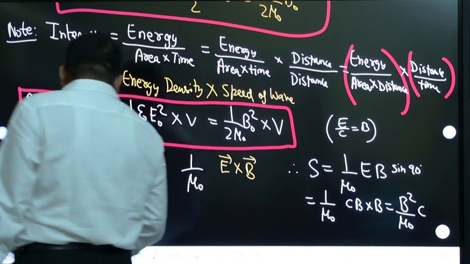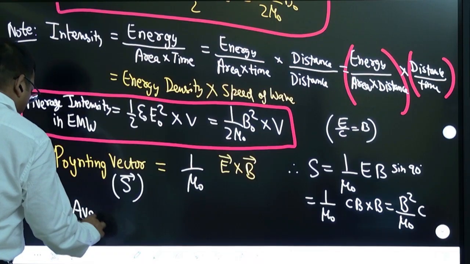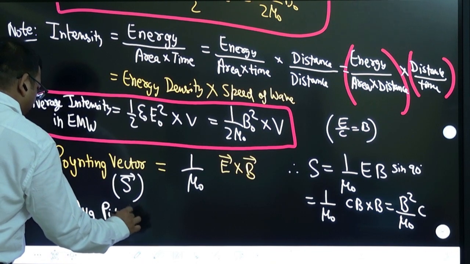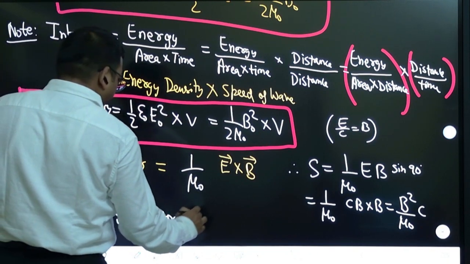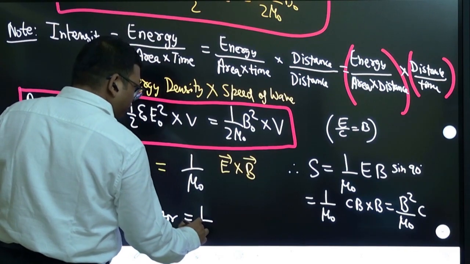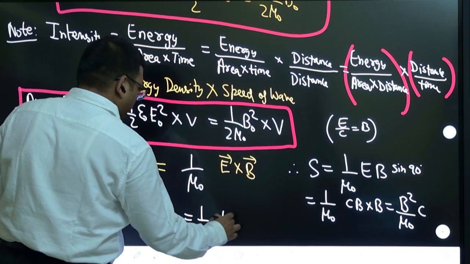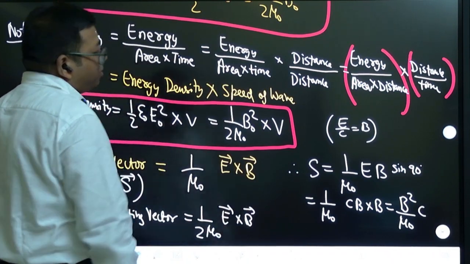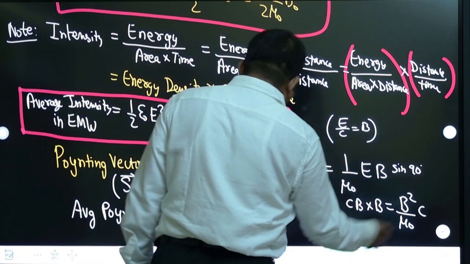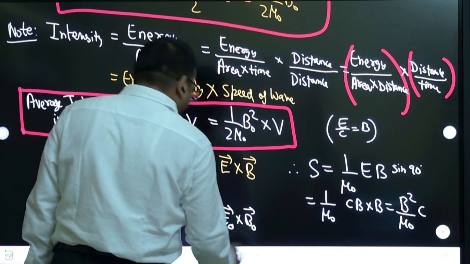But if I take the average Poynting vector, it can be written as 1 by 2 mu naught E cross B, because whenever we take average, the E naught amplitude will come.